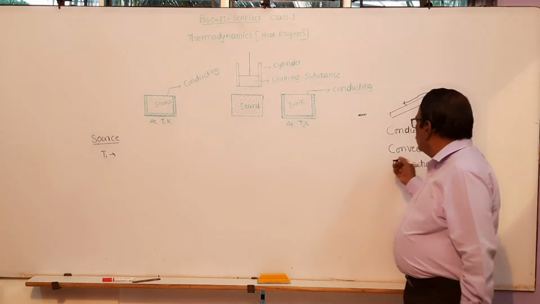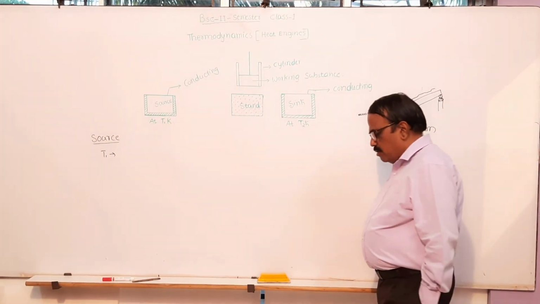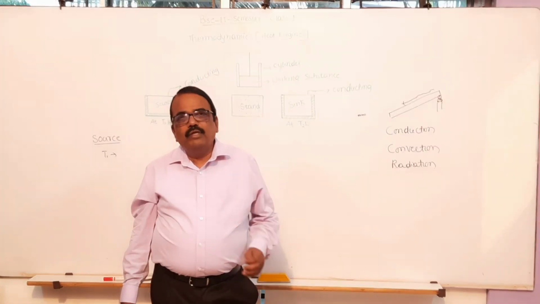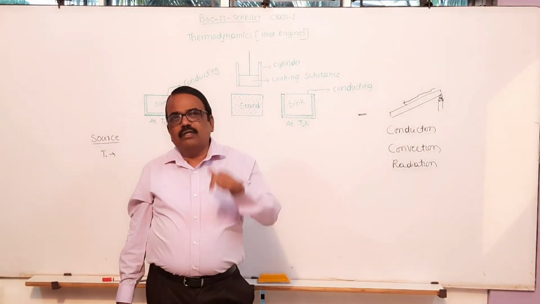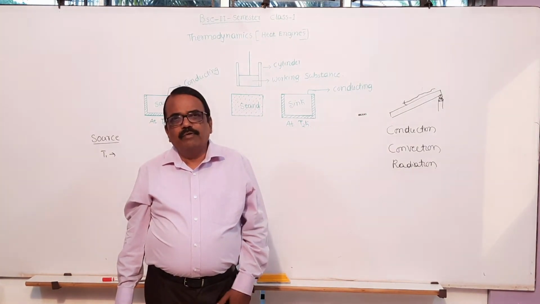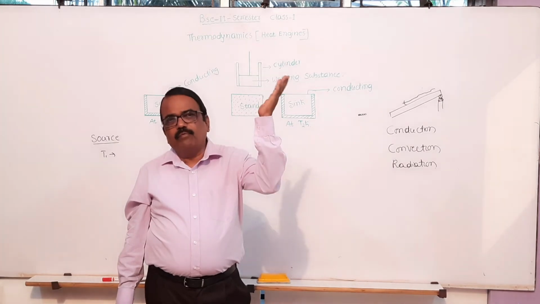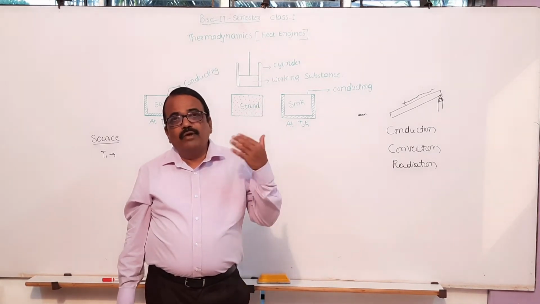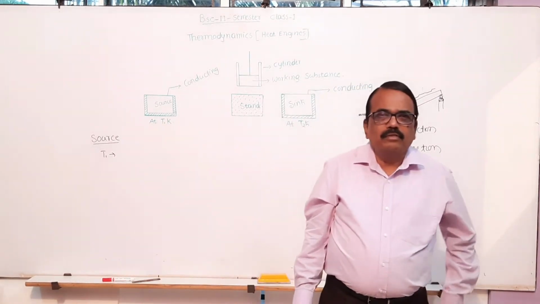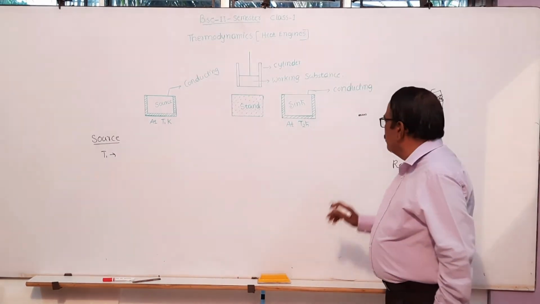And radiation: we get heat energy from the sun to the earth by the method of radiation. That is, the transmission of heat from one place to another without affecting the intervening medium is called radiation.